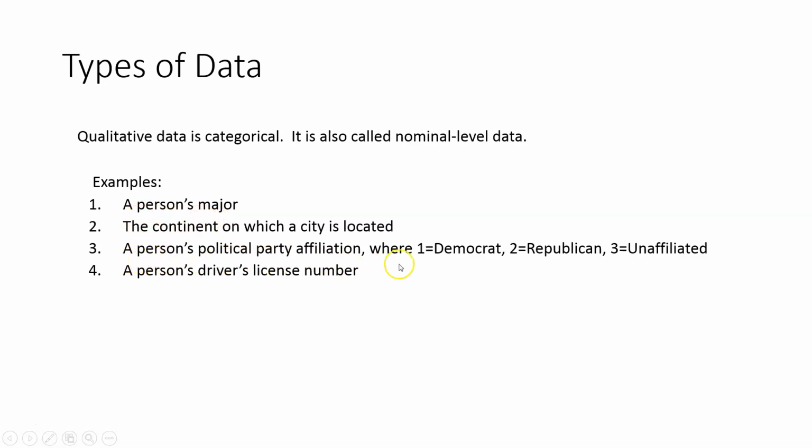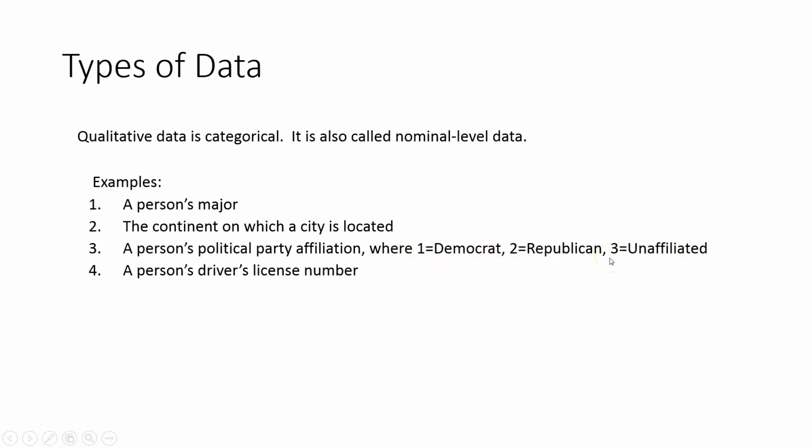And I put these last two in here to show you that a qualitative variable, a nominal level variable, can still have numeric codes attached to it, but that doesn't make it numeric data. So if you look at something like Democrat, Republican, unaffiliated, those are still nominal level values, even though they're attached to 1s, 2s, and 3s.